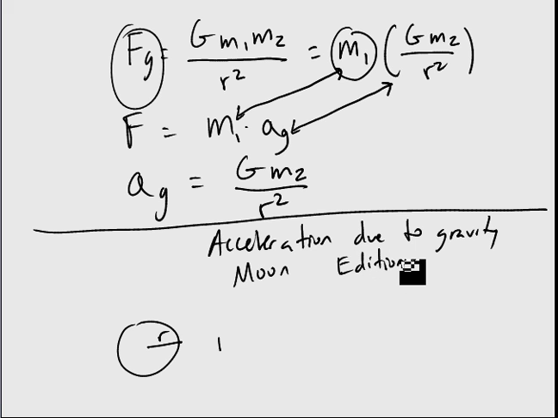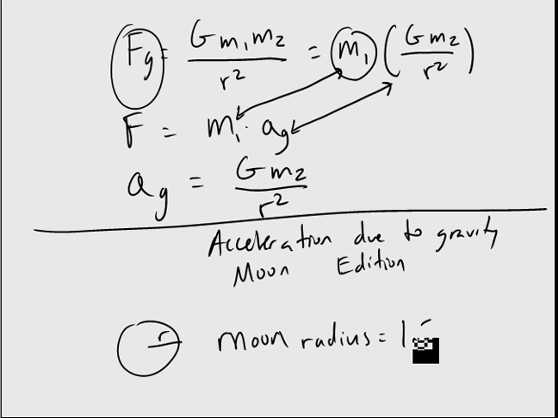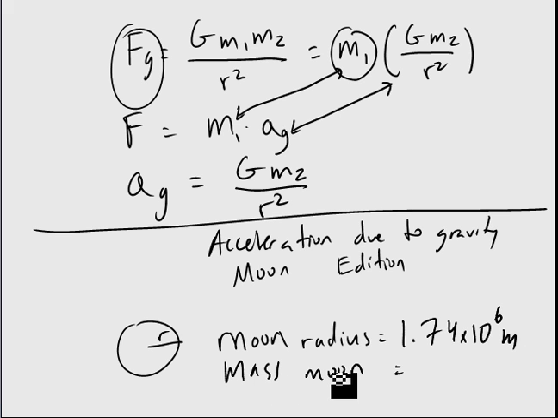So the moon has a radius of 1.74 times 10 to the 6 meters, and the mass of the moon is 7.36 times 10 to the 22 kilograms.